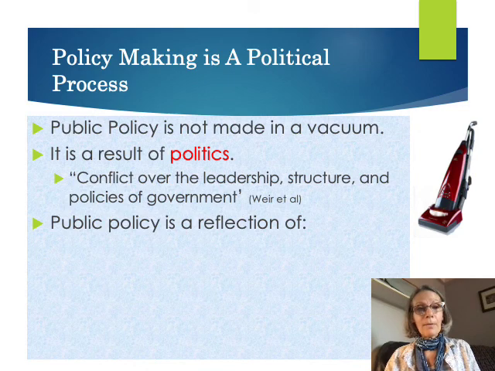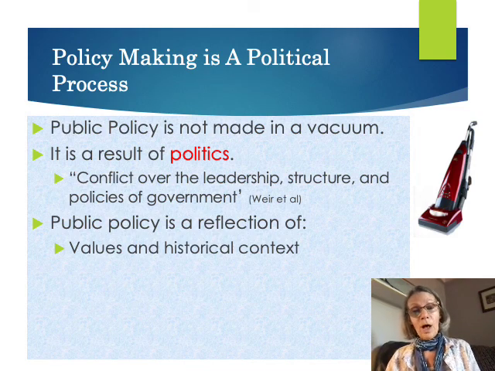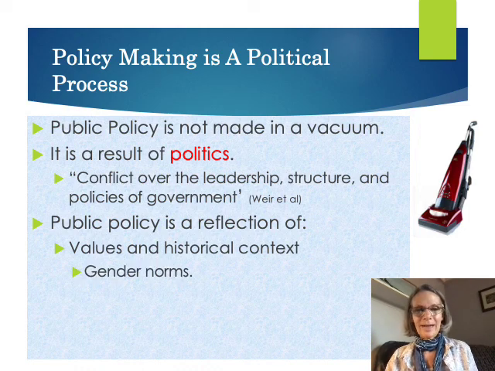Now, like I said, public policy is not made in a vacuum. Policy is a reflection of certain things. Public policy reflects values and reflects historical context, because oftentimes values change as we move from the 19th century to the 20th century to the 21st century as the historical context changes.